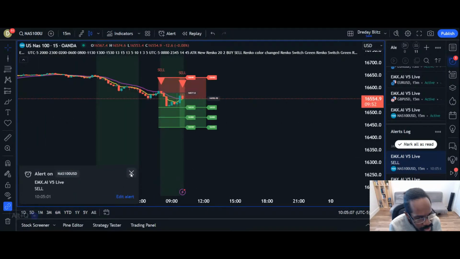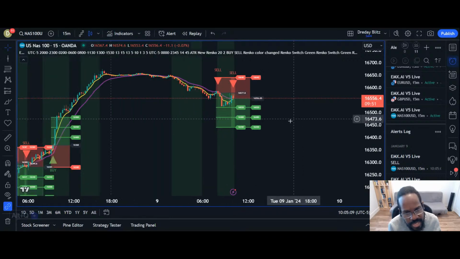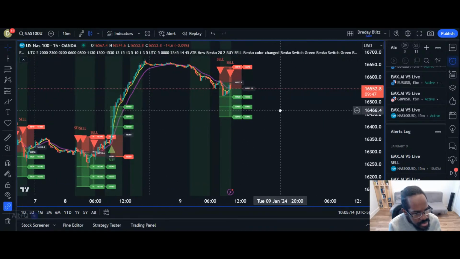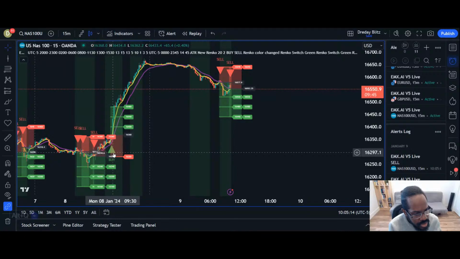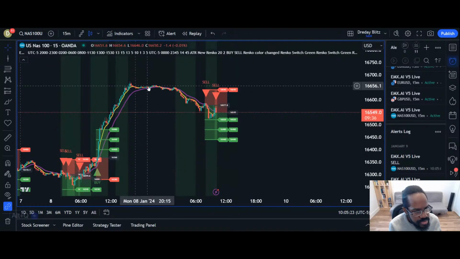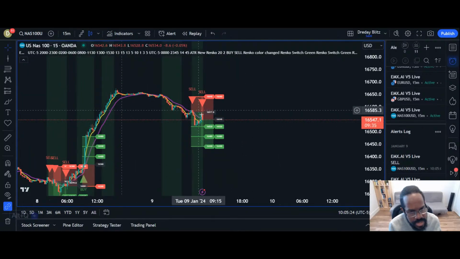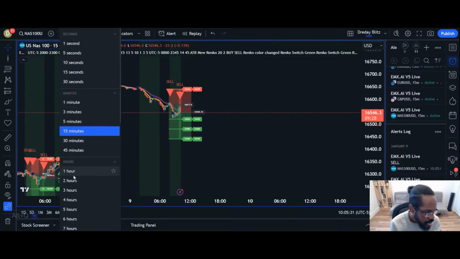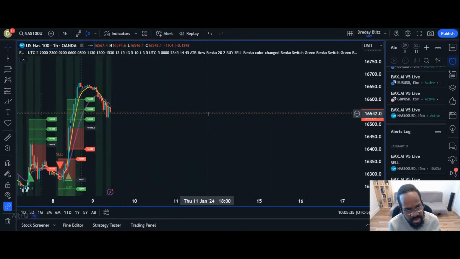Oh, here we go. We have a sell setup here on Nasdaq on the 15 minutes. So the 1 hour yesterday, those were the setups from yesterday. We had a buy here at the New York Open. Now we're selling here, so we should expect a sell. If you're waiting off of the 1 hour, on the 15 there's already a sell signal that came in.